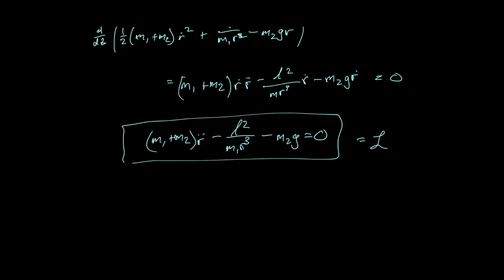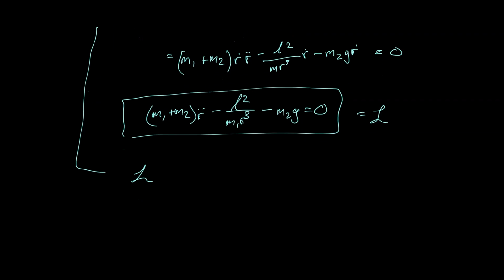So taking the Euler-Lagrange equations and doing a first time derivative of that gives you the original equation.